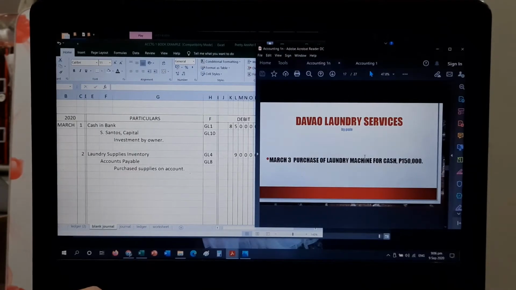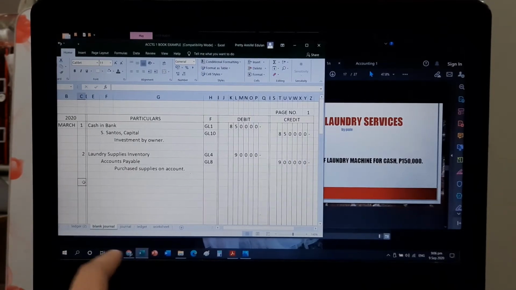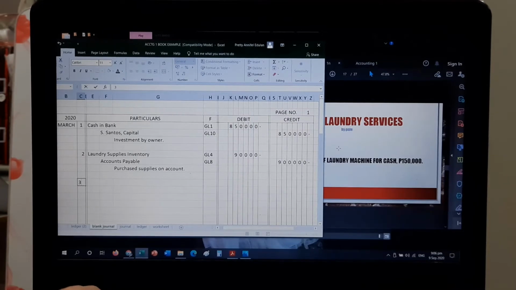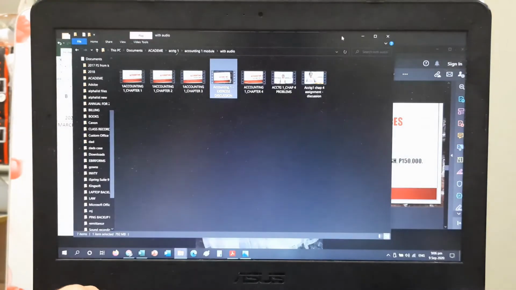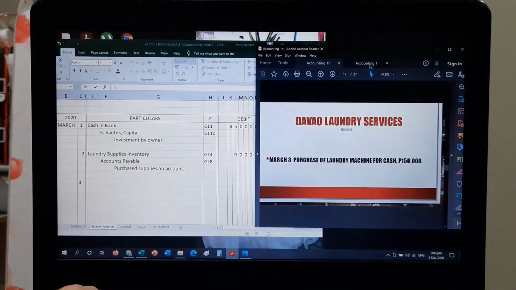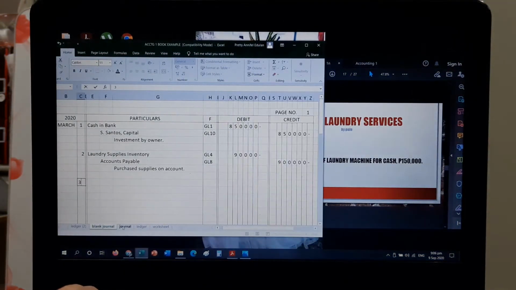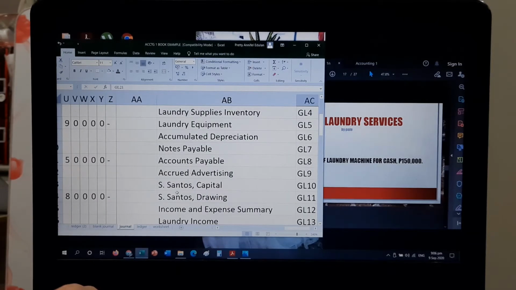Next transaction, March 3. Purchase of laundry machine for cash. So it's a cash transaction. What did we purchase? A machine. So look at our chart of accounts. What is the proper account title? That is not supplies but equipment.